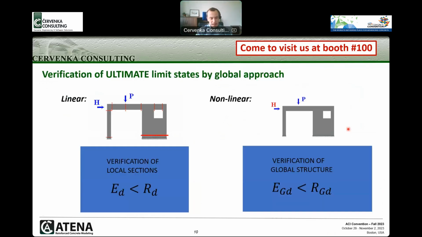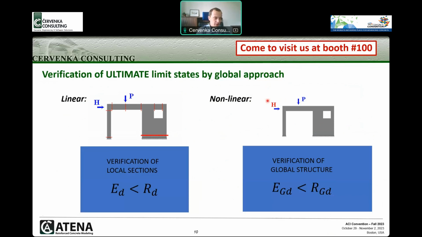When we want to apply this nonlinear analysis for a real structure, there are some differences compared to traditional linear approaches. In traditional design, we usually analyze the structure to get the internal forces in the elements, and then we check the critical cross-sections if they can resist these forces.